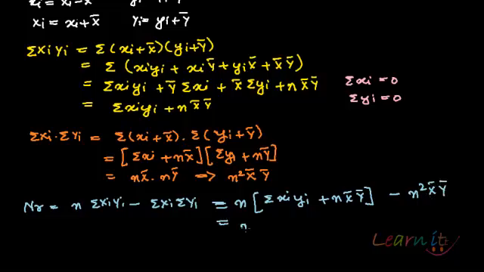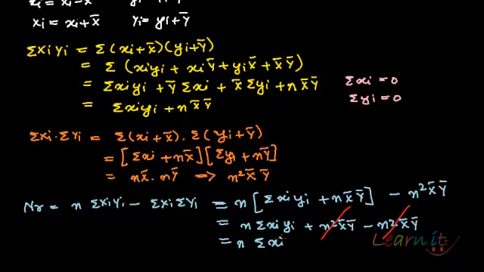So this would be n summation xiyi plus n square X bar Y bar minus n square X bar Y bar. Clear? So these two will go, and what is left is just n into summation xiyi. So this is your numerator of beta 2 hat.